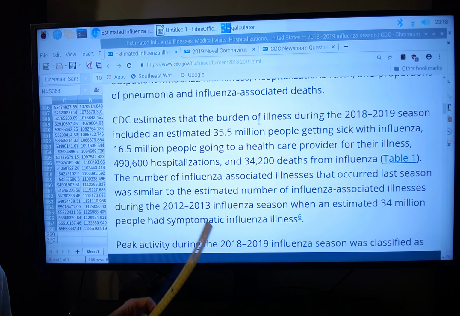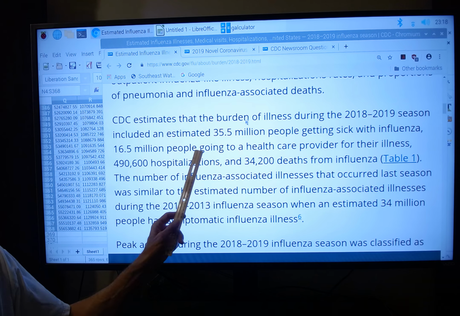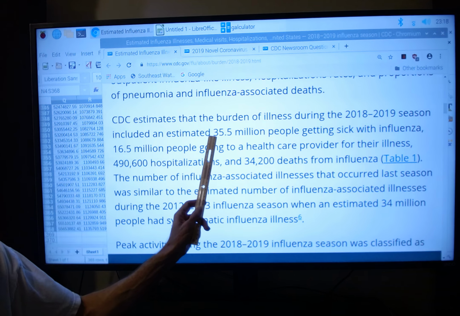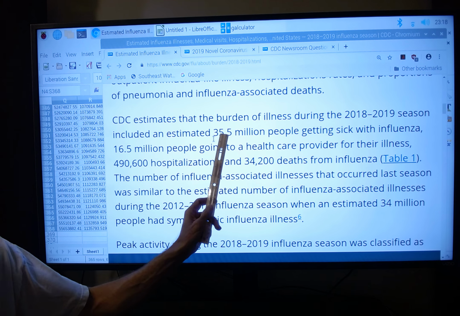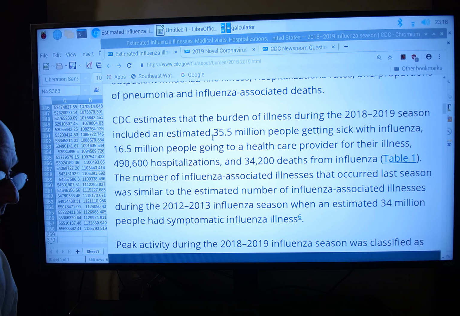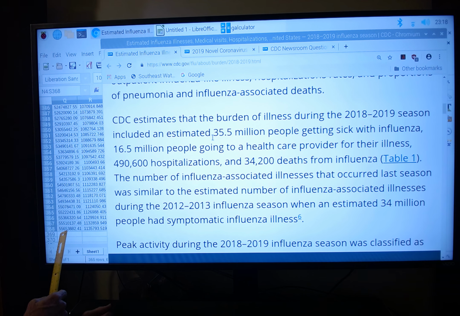So on the flu for last year, they had 35.5 million getting sick, and so that kind of compares well with our simple model, where we're predicting about 56 million, 57 million people that contract the disease. There is no vaccine, so that's not unreasonable.